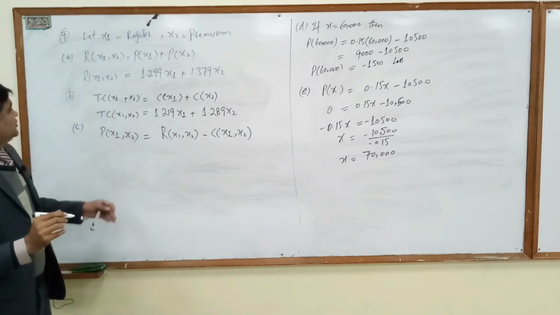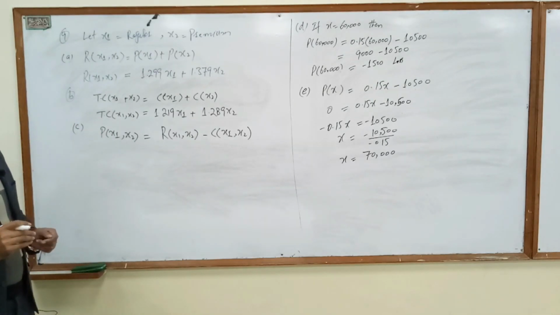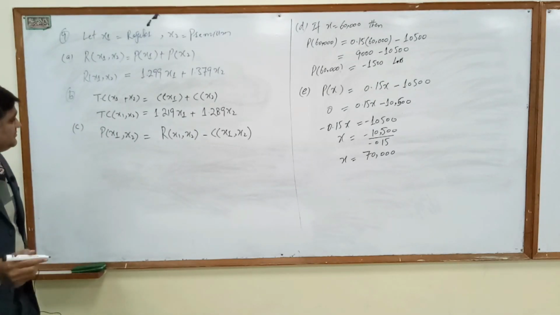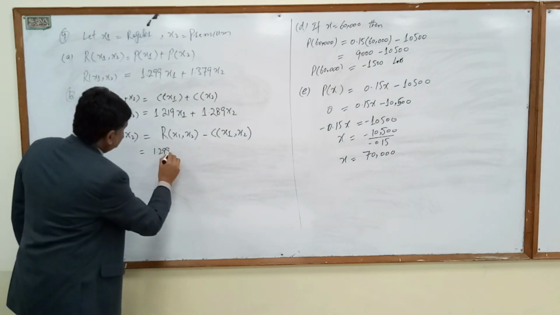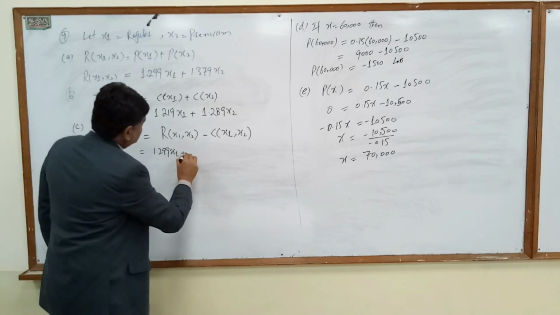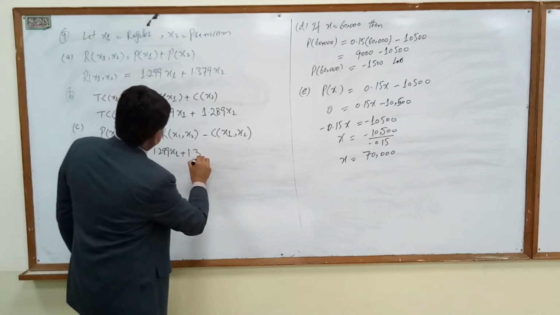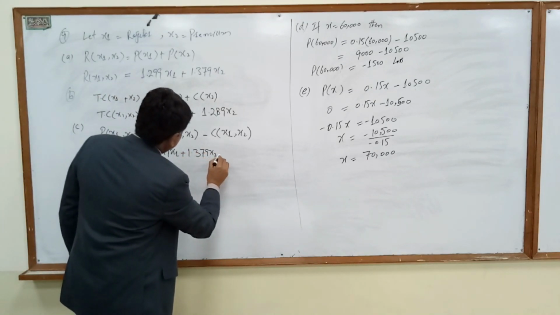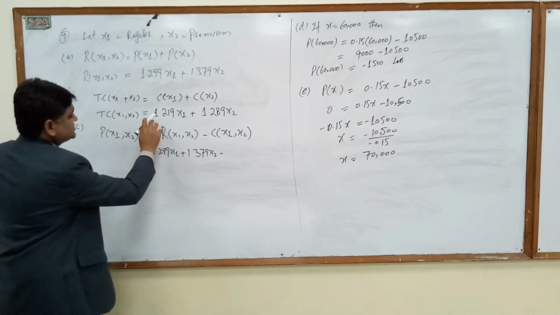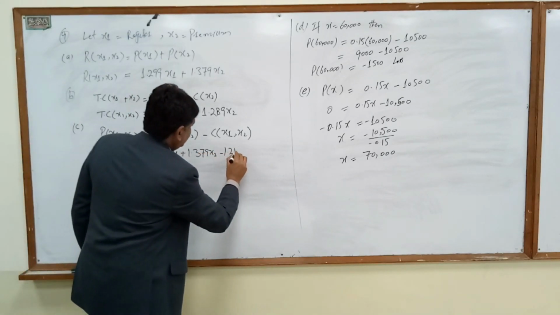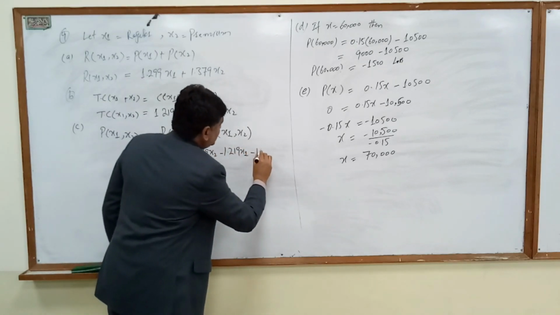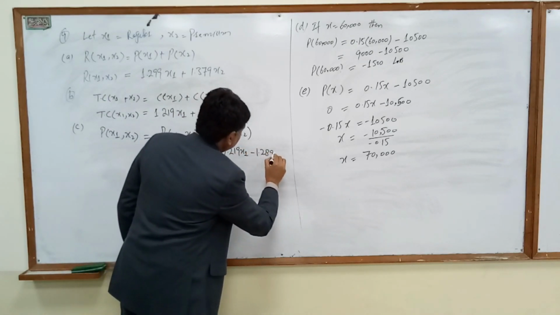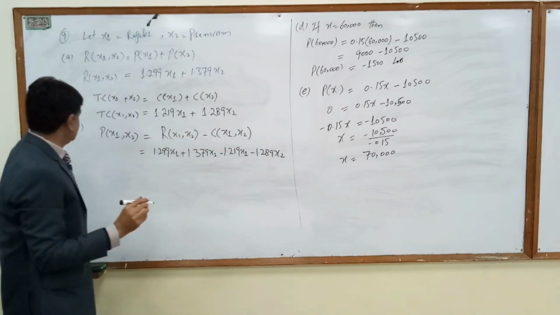Do we have the revenue function as well as the cost function? Yes. So we can simplify both functions. What is revenue? 1.299 X1 plus 1.379 X2 minus 1.219 X1 minus 1.289 X2.